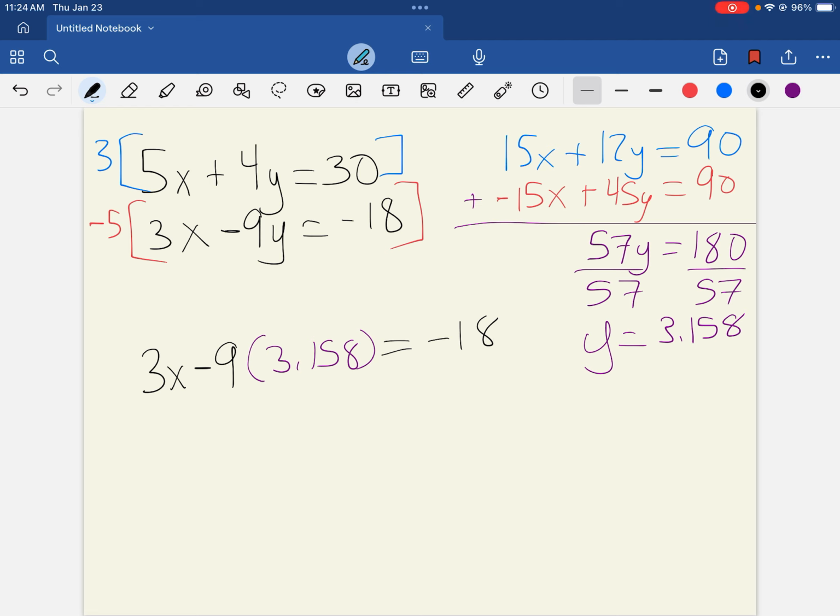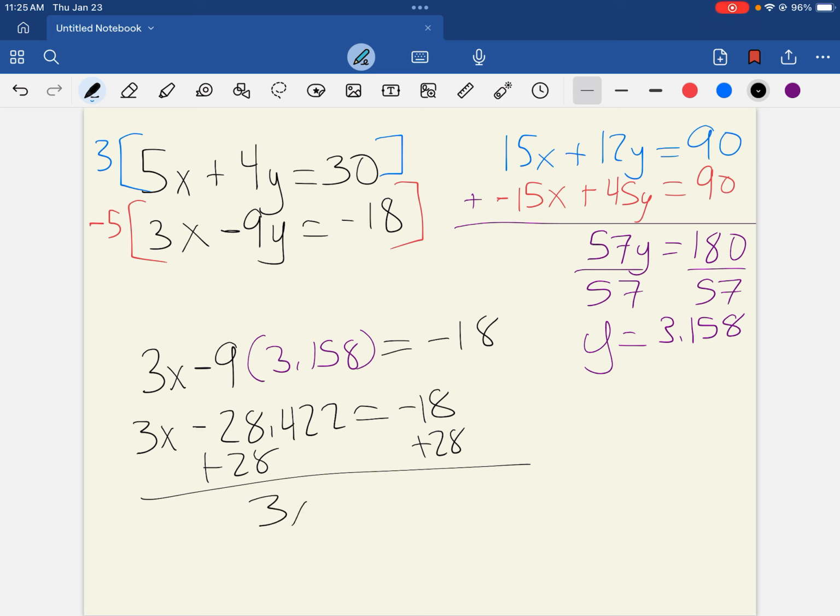I would then go and solve this equation. 9 times 3 point whatever is going to be 28. I would then solve this two-step equation. Now, in my work, I want you to notice I'm getting lazy with writing that decimal. On my calculator, I am not doing that.